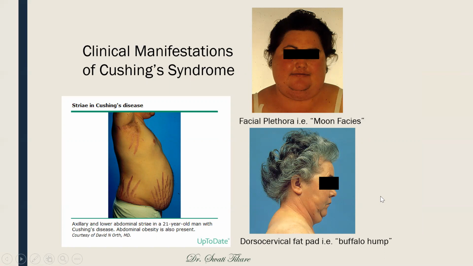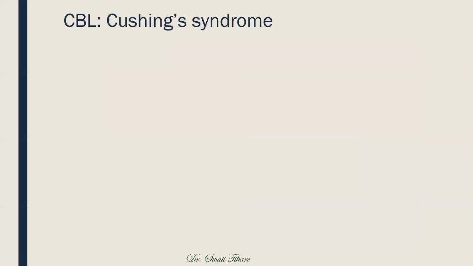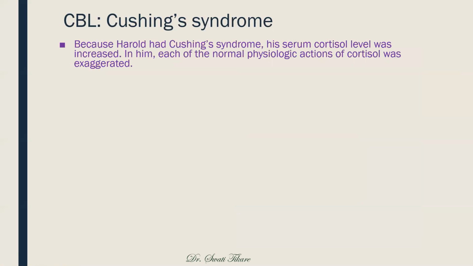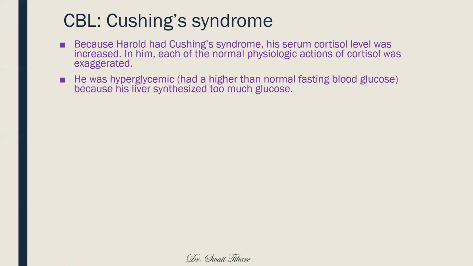So this way we could relate the features of Cushing syndrome with the functions of the cortisol hormone. So let's try to get back in short to that case study. So our patient, Harold, had Cushing syndrome. His cortisol level was increased. In him, each of the normal physiological actions of cortisol was exaggerated.